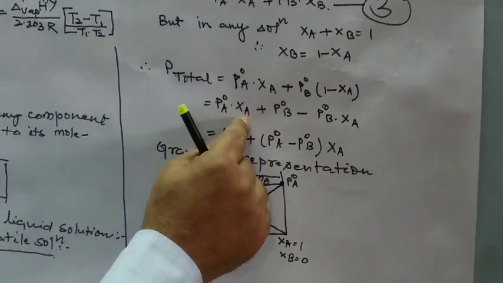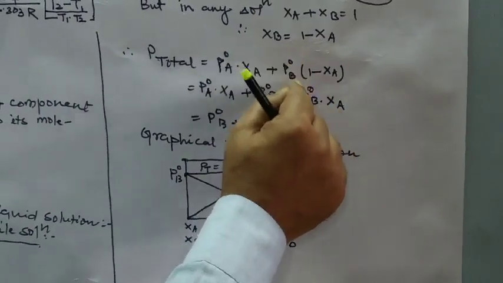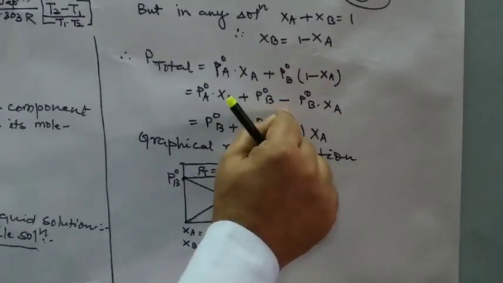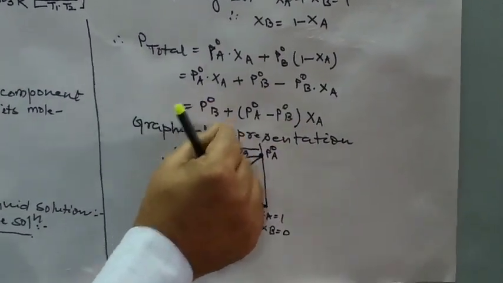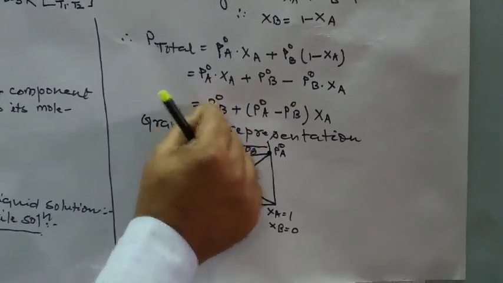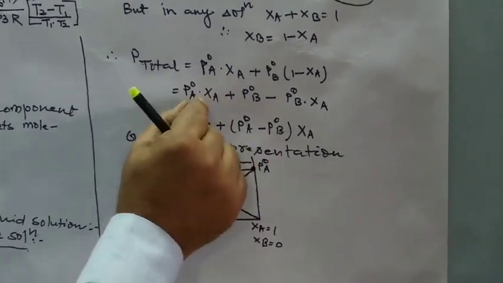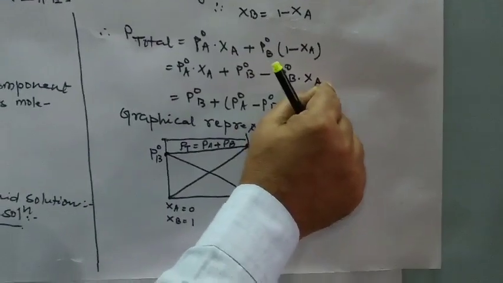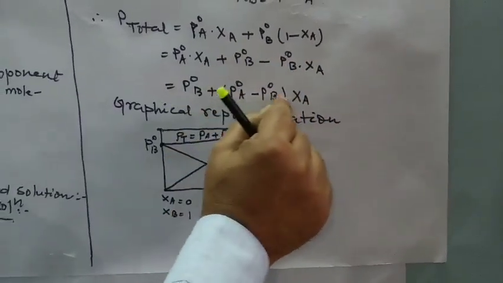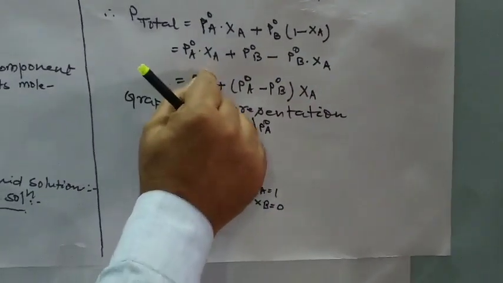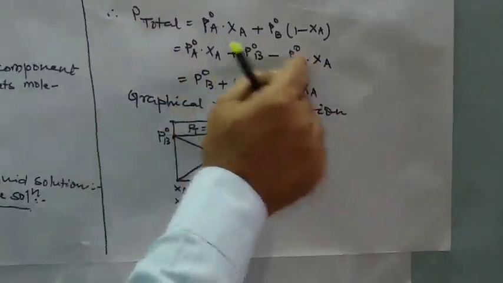It will be P naught A into XA, and this part has to be multiplied by P naught B, so P naught B into 1, P naught B, and minus P naught A into XA, sorry, minus P naught B into XA. Keeping P naught B, which is a constant, the vapor pressure of the pure liquid B, and here P naught A into XA has a plus sign, while P naught B into XA has a minus sign. So take XA common. It will be P naught B plus P naught A minus P naught B into XA. This is the P total.